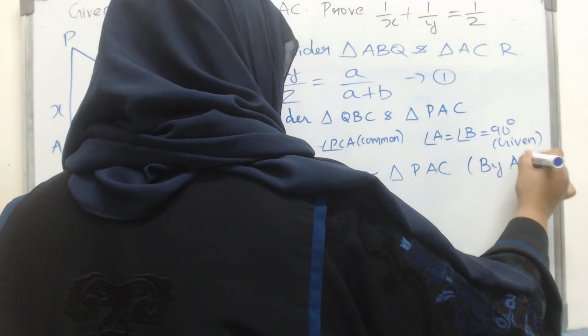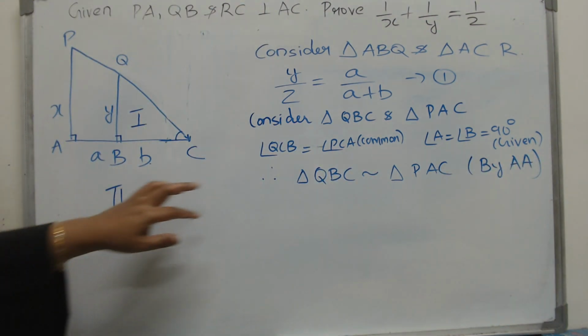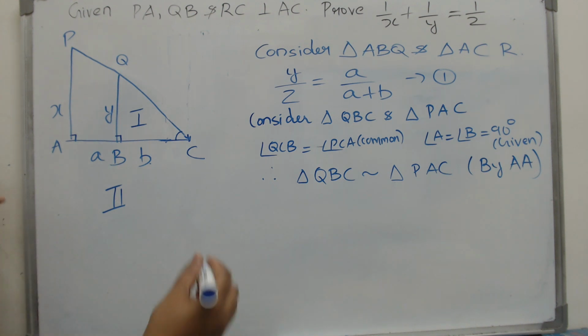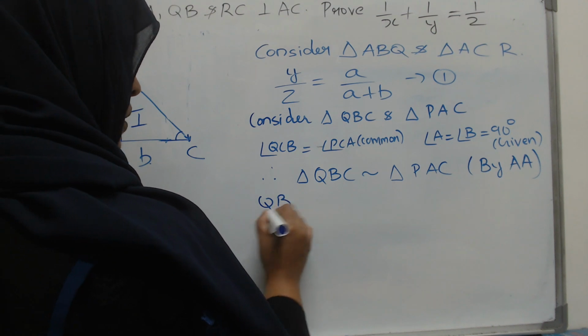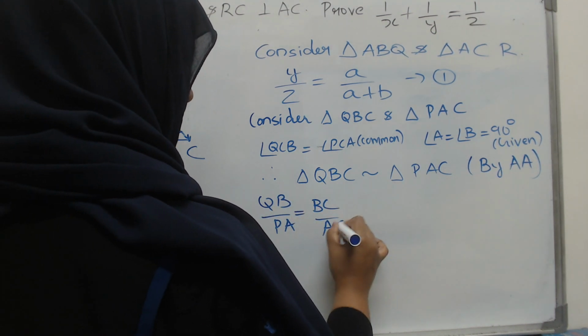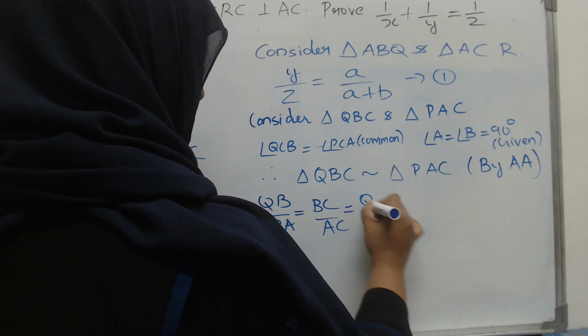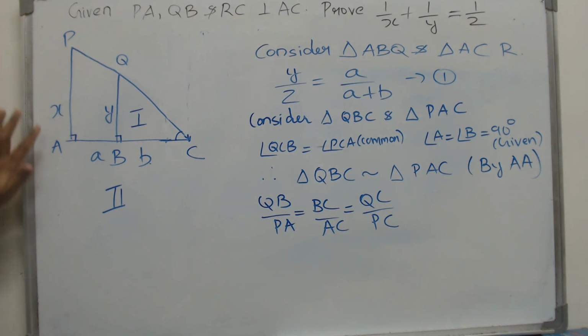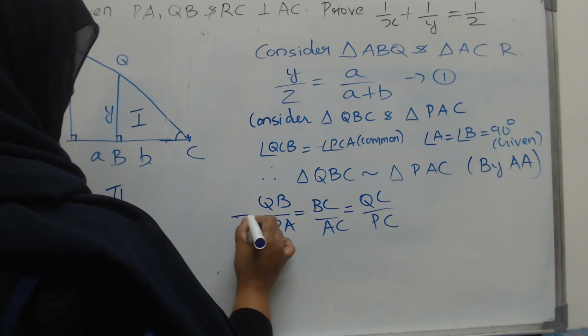Then by AA criterion, both the triangles are similar. Once they are similar, the ratio of the corresponding sides are the same. So let us write down the corresponding sides, and we will take only what we need from here. We need X, which is PA. So where do we see PA? It is here.